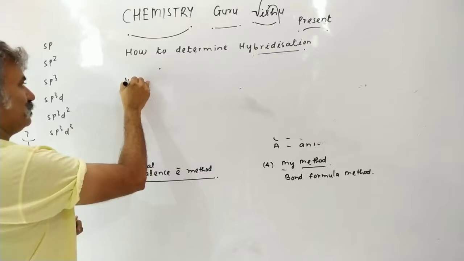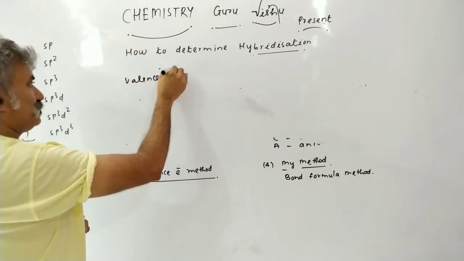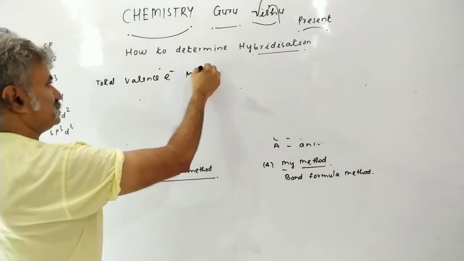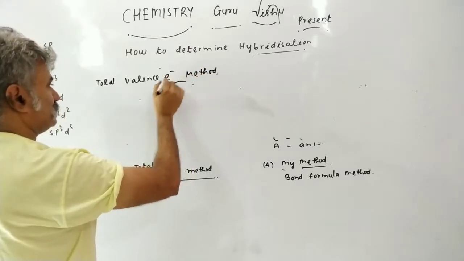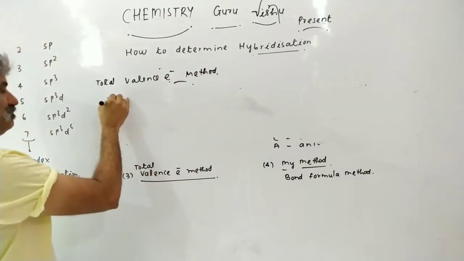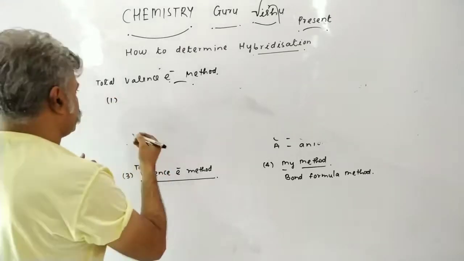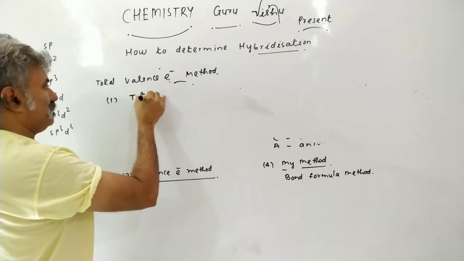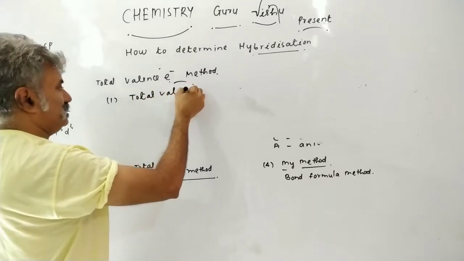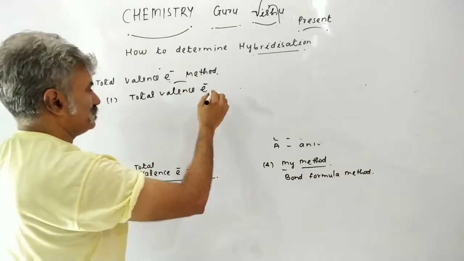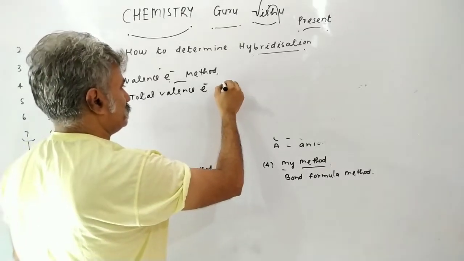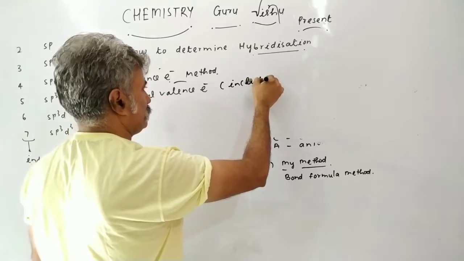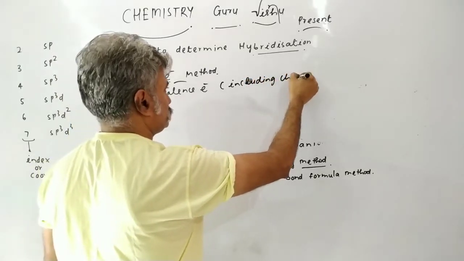So, total valence electron method. The first step of this particular method is that total valence electrons including charge.